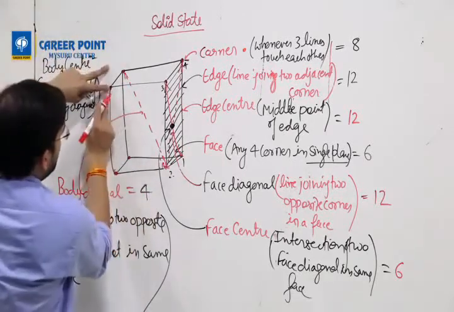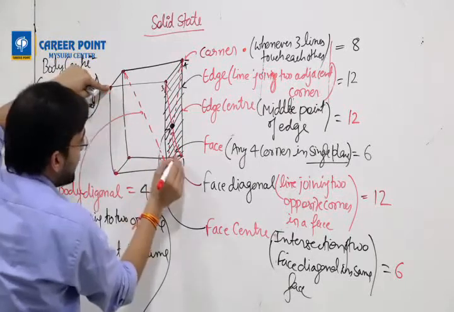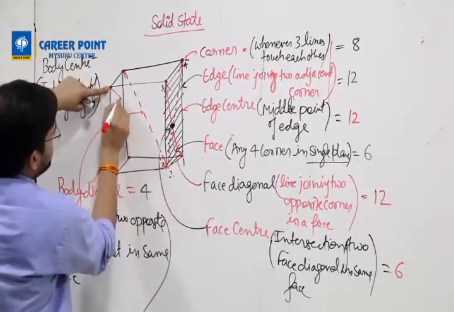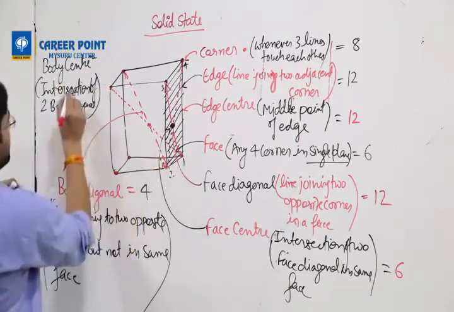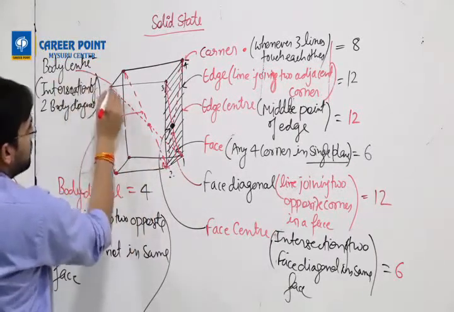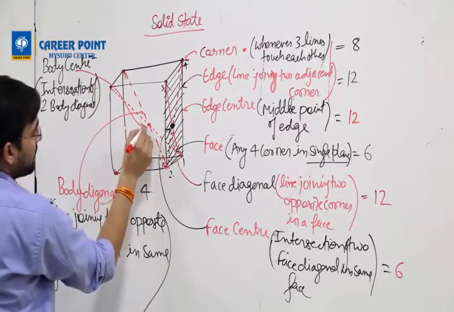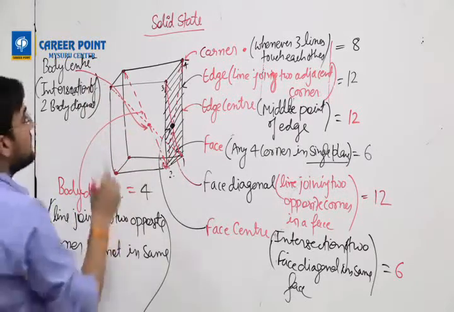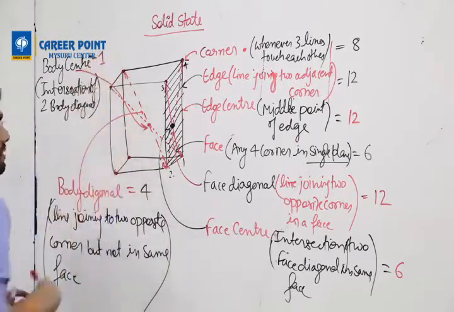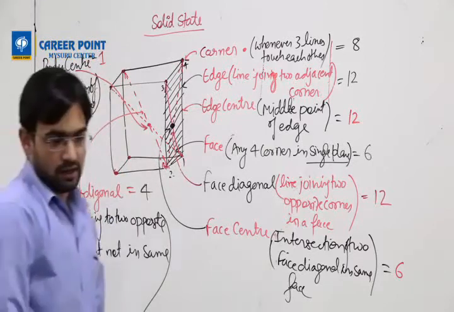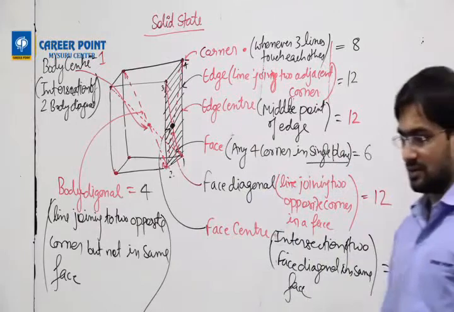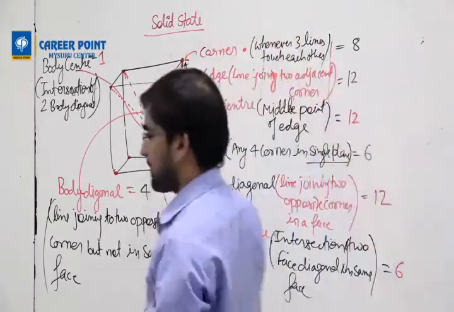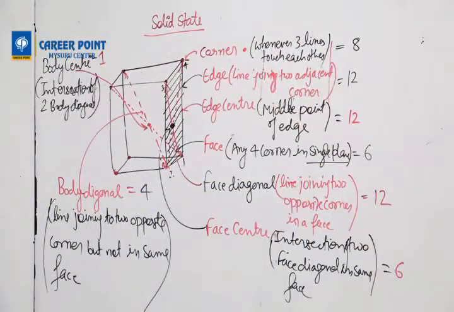Second, I can also plot from this corner to that corner. This is the intersection, so this is your body center. How many body centers? Only one body center. Draw this whole thing.